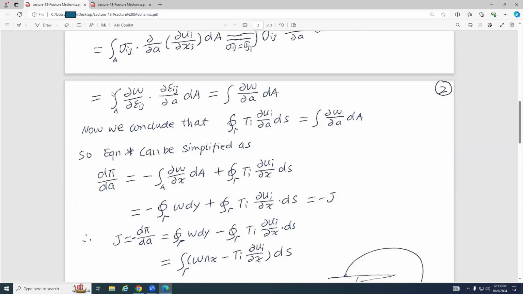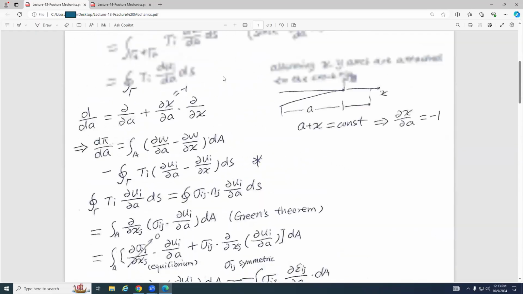And when we do this, look at our original equation star. You can see, guys, we have 1, 2, 3, 4 terms. We have 4 terms. To simplify this, we do this derivation.